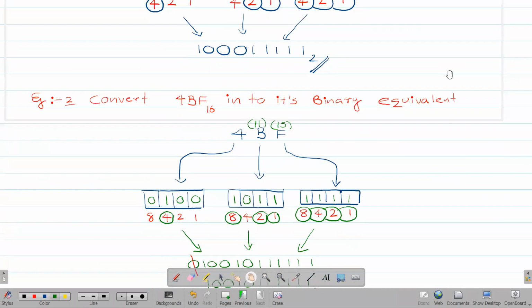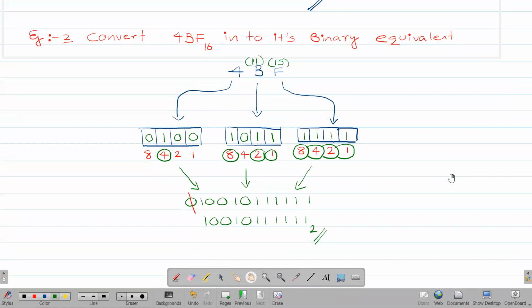So people, go with the second example. Is that clear, everyone? All right. So copy it down.